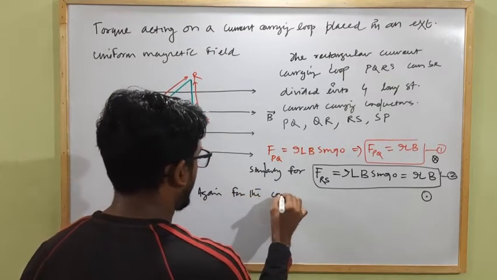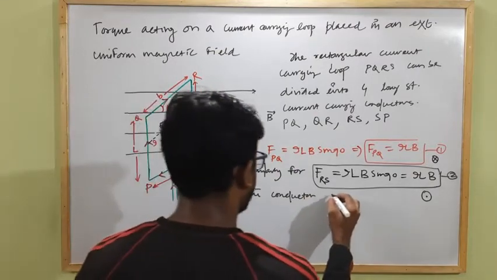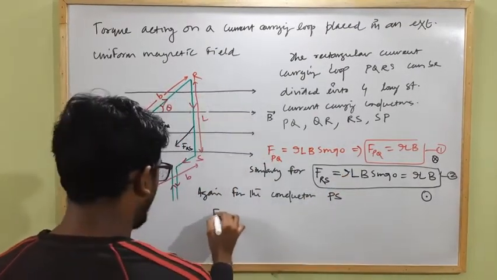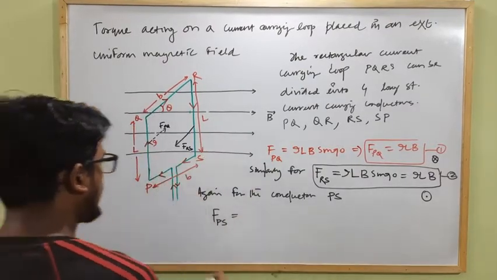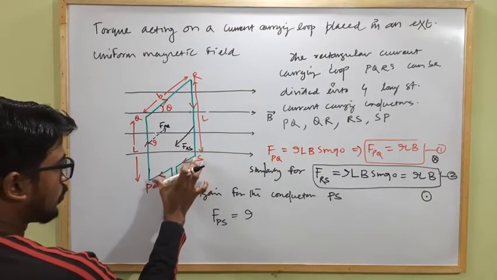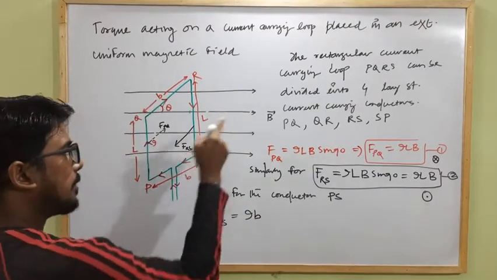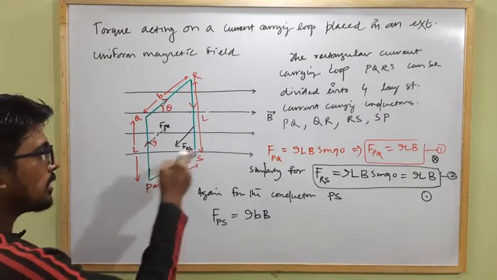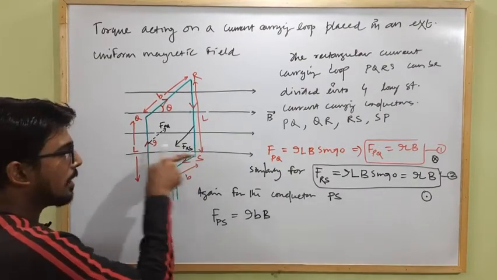Similarly, for the conductor PS, what is the force acting on it? The current flowing through it is I, and the length of this conductor will be the width of the loop, that is b. The magnetic field strength is capital B. What is the angle between this segment and the magnetic field?